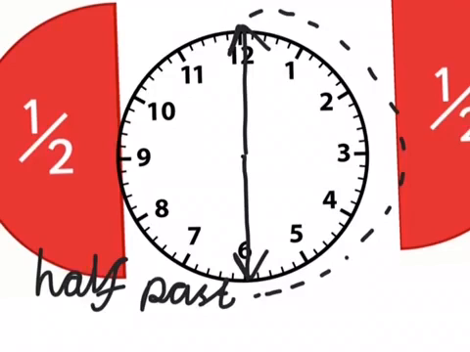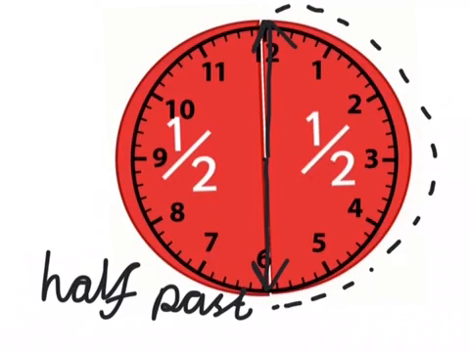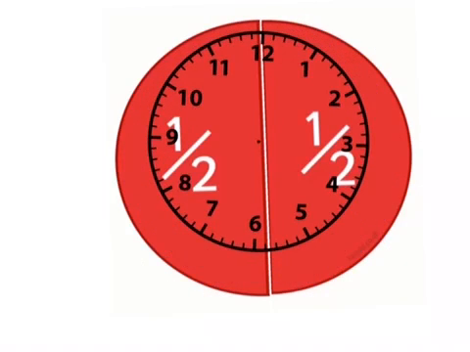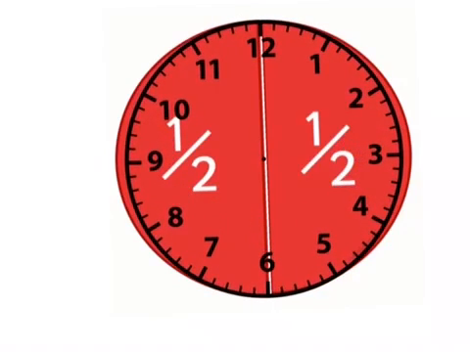Okay, so now let's think about how many minutes that is in half of the clock. If we were to count each of these individual minutes, 1, 2, 3, 4, 5, it would take us a really long time. So can you see that each of these spaces here is worth 5 minutes?